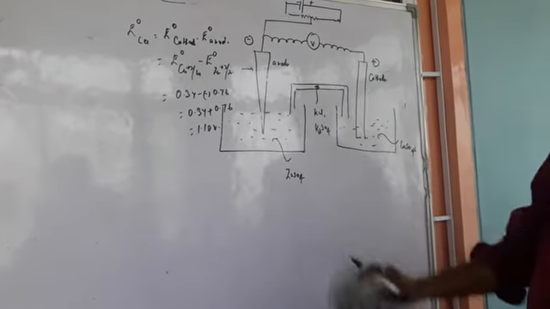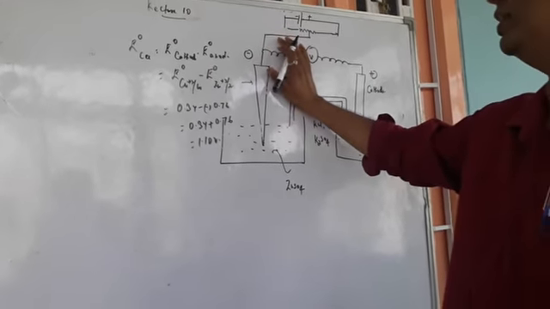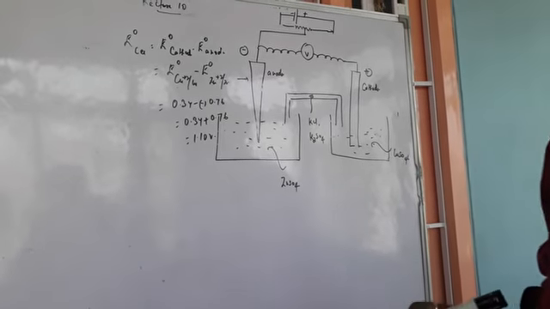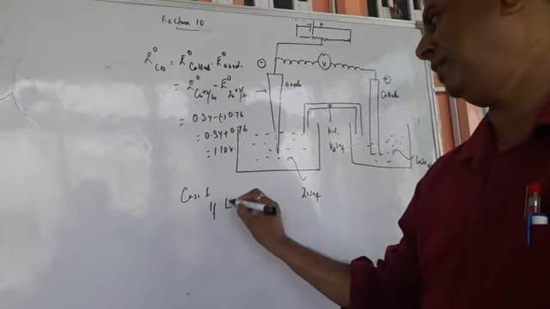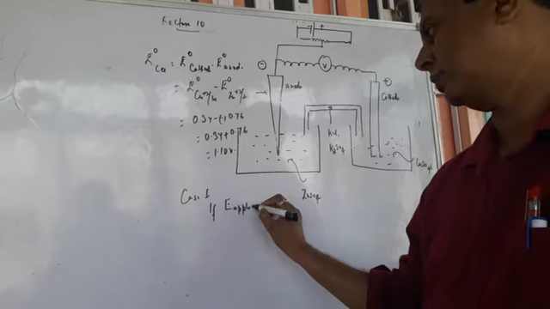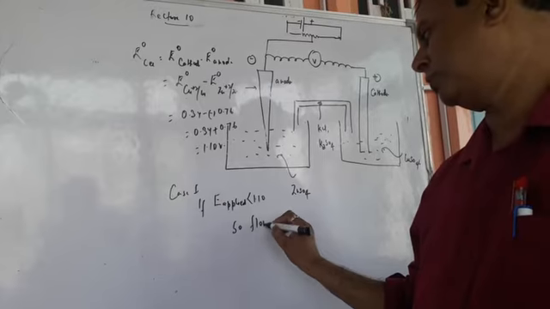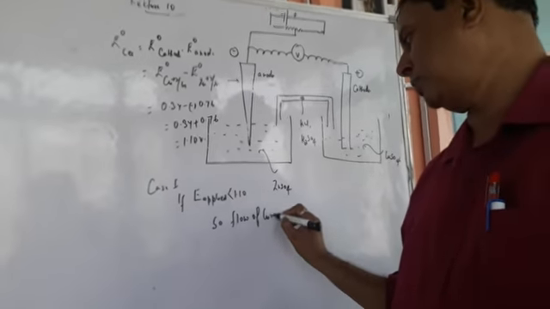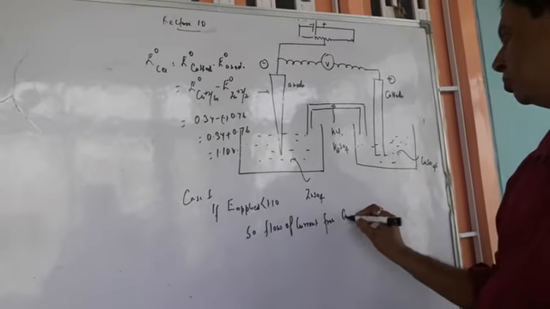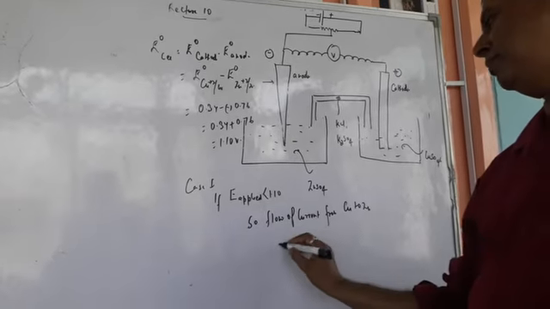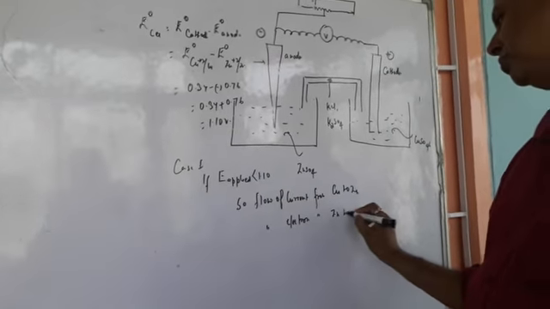When we apply an external electromotive force, E applied, on the cell reaction, three cases arise. Case 1: if E applied is less than 1.10 volt, the flow of current is from Cu to Zn and the flow of electrons is from Zn to Cu.